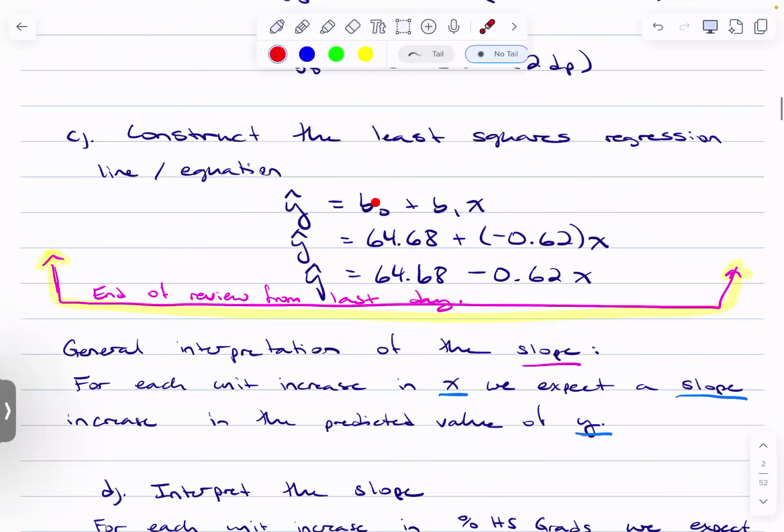Now, what is the y-intercept? The y-intercept is your b naught, right? And so your b naught is going to be the predicted value of y when x is 0. Force x to be 0, and then you have y hat is equal to b naught. And that is the general interpretation of b naught.